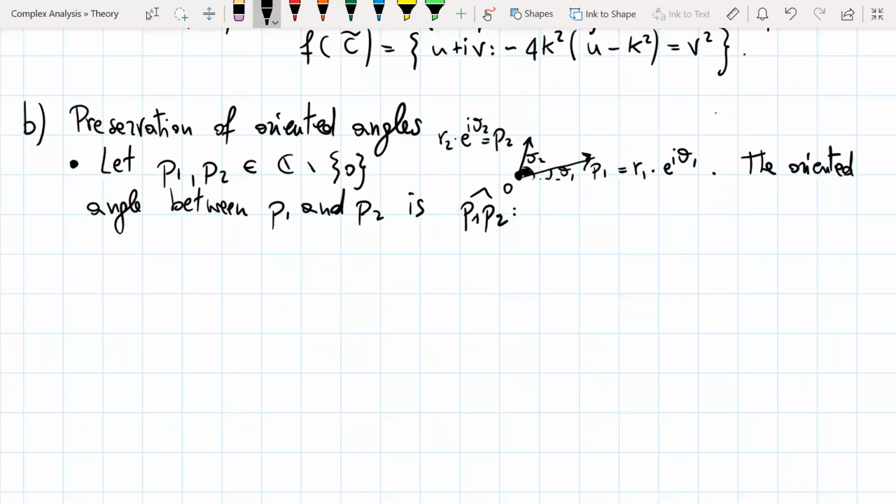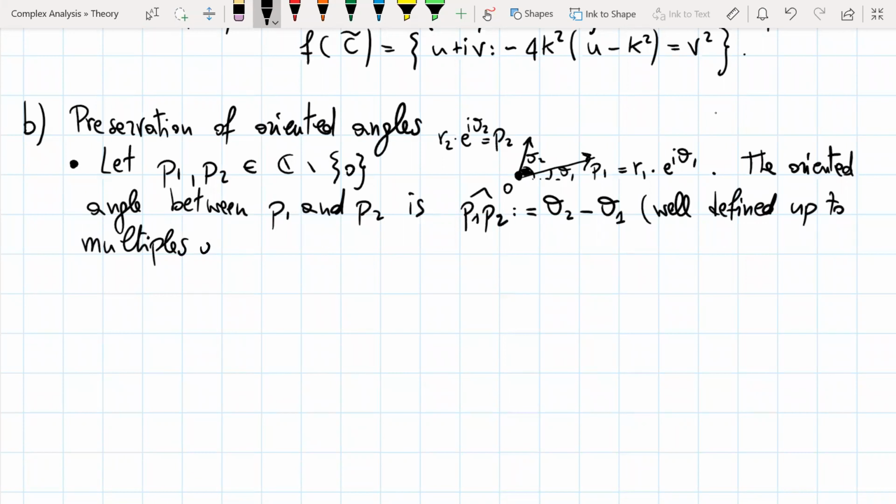This is the notation I use. And it's simply theta 2 minus theta 1. And this is well defined up to multiples of 2 pi, because theta 1 and theta 2 are also well defined up to multiples of 2 pi.